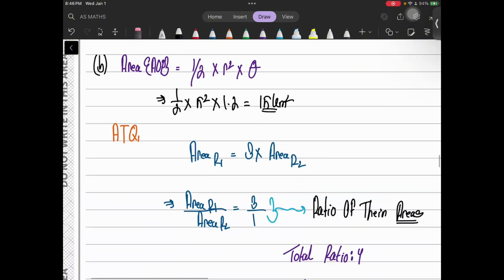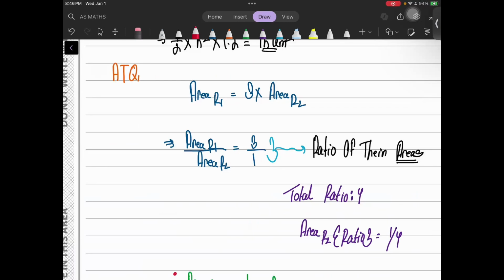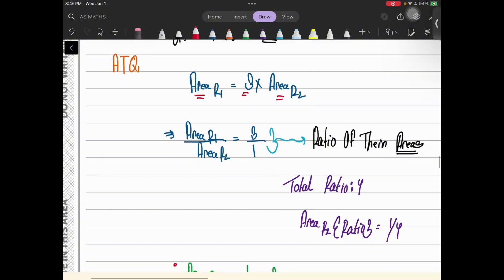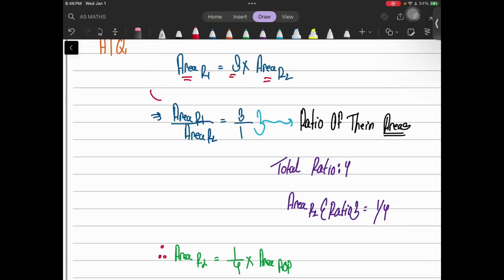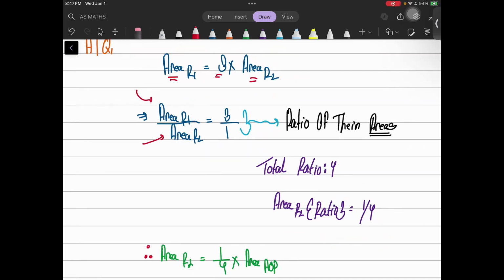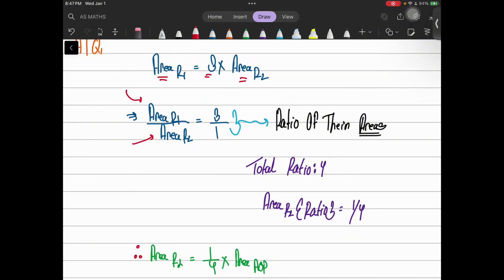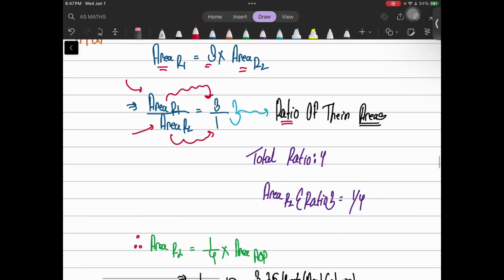In the question it is given that area of R1 equals 3 times the area of R2, right? So I could rearrange this equation: area of R1 by area of R2 is equivalent to 3 by 1. This means that area of R1 is 3 in the proportion and area of R2 is 1 in the proportion, the ratio of these areas.